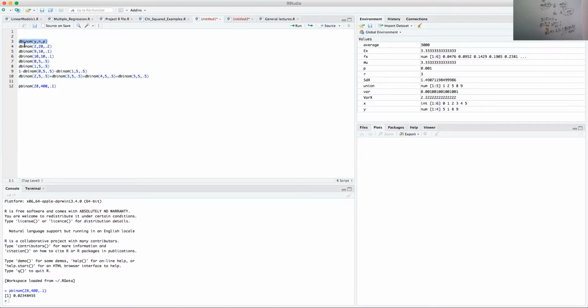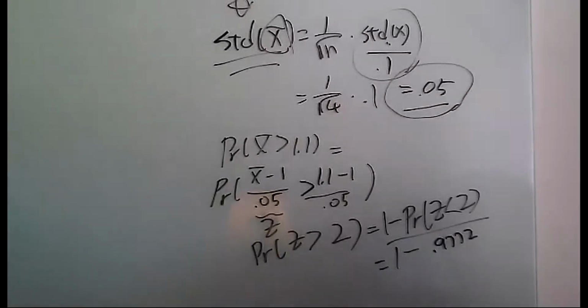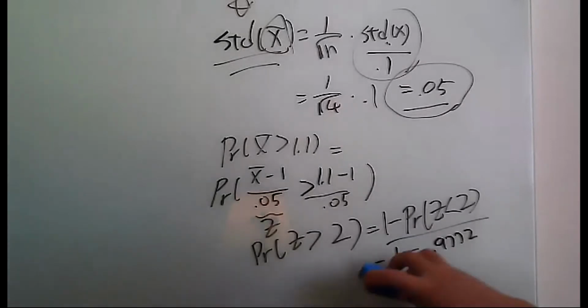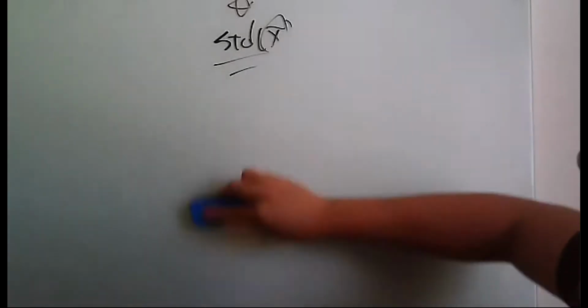dbinom, where Y is the number of Y's, and we explain N and P in order. For example, if you are looking for the probability of Y equal to 28 with a sample size of 400 and 0.1, I will just explain on the board.